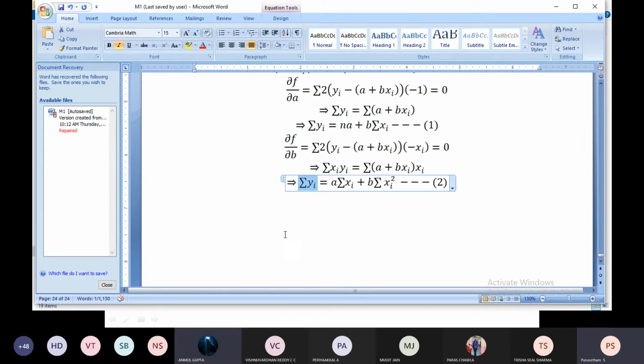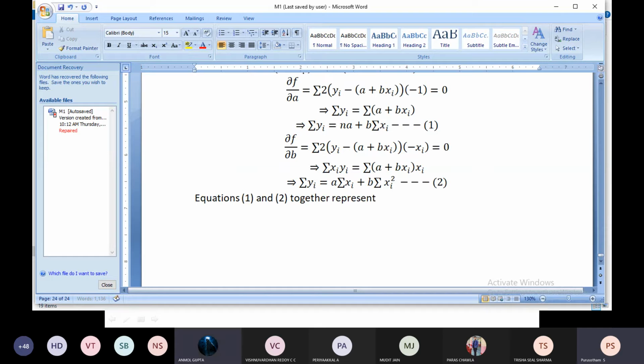Now you have equations 1 and 2 which represent together a system of linear equations.